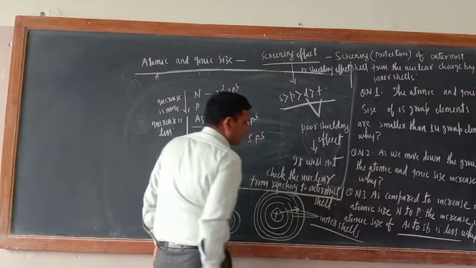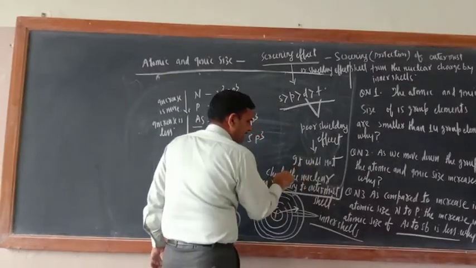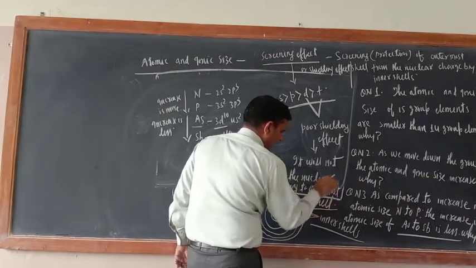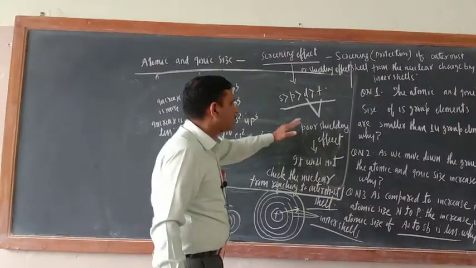Okay, are you getting my point or not? It will not check the nuclear charge from reaching the outermost shell. That is the meaning of poor shielding effect.